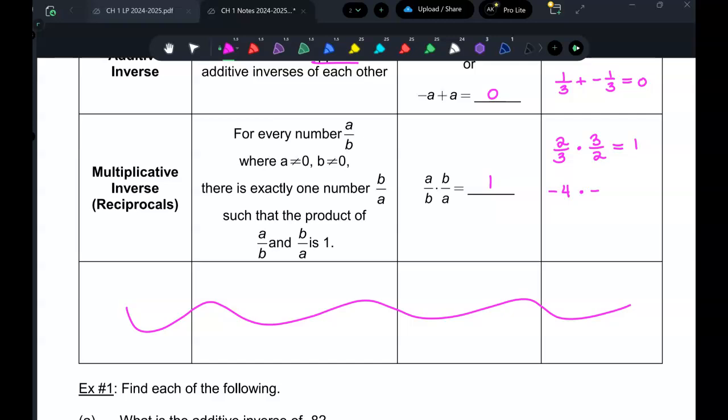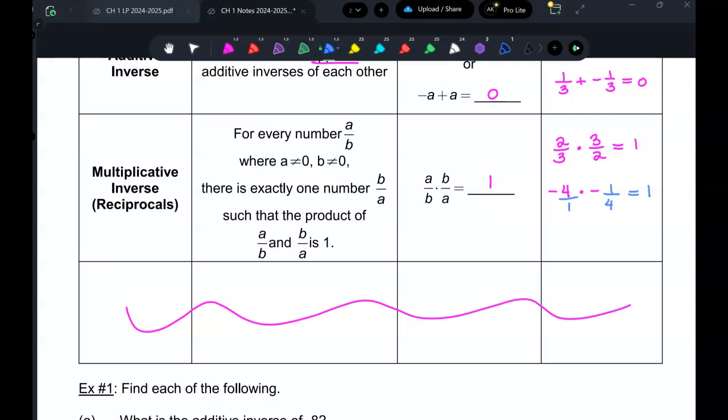Okay, can I put this first number, can I put -4 over 1? Yes. Now what happens when I flip that? It becomes -1/4.